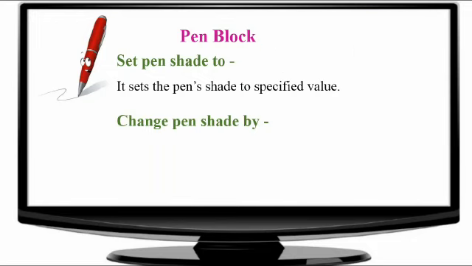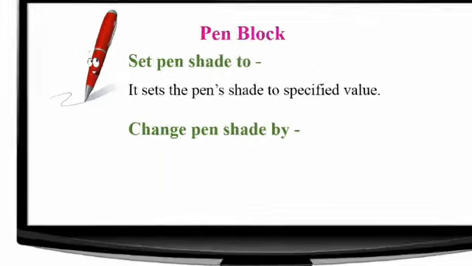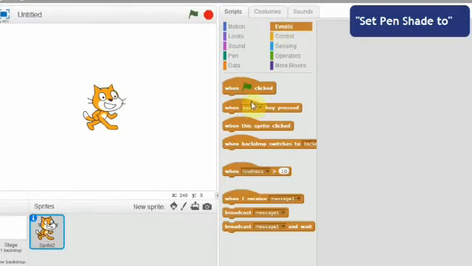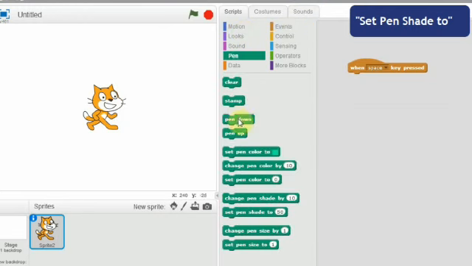Now, I am going to show how it works. Take the when space key pressed block from the event block. Click and drag the pen tone block from the pen block. Now I am going to set the pen size. Change the value to 10 and set the pen color.